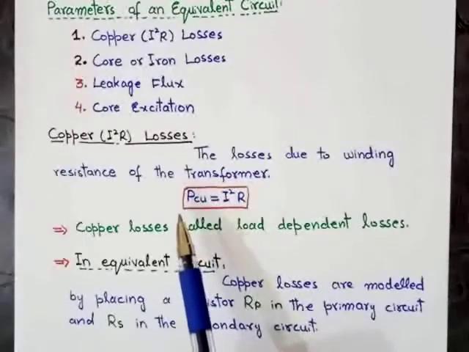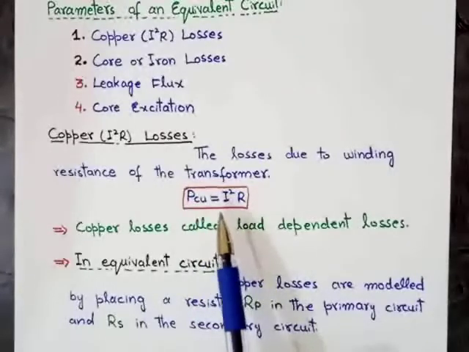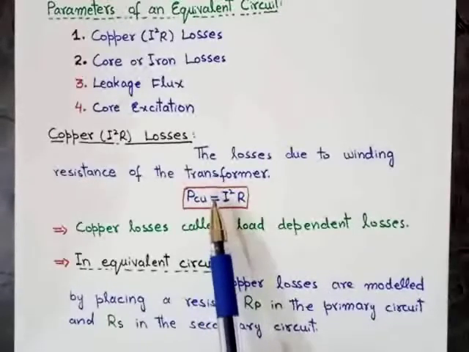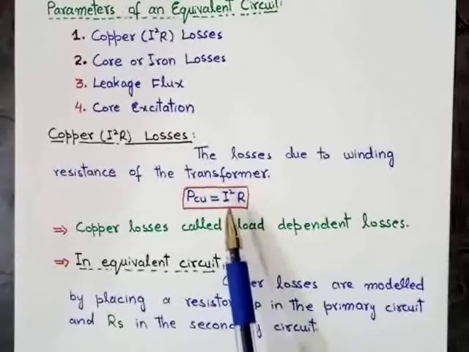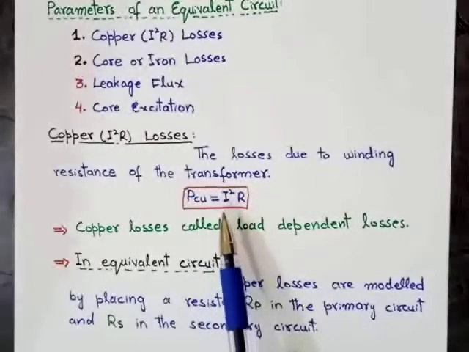So these losses vary with load. Copper losses are not constant in any transformer.